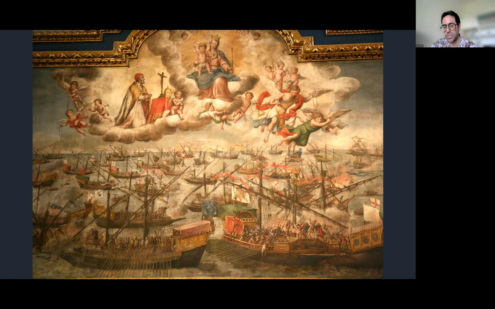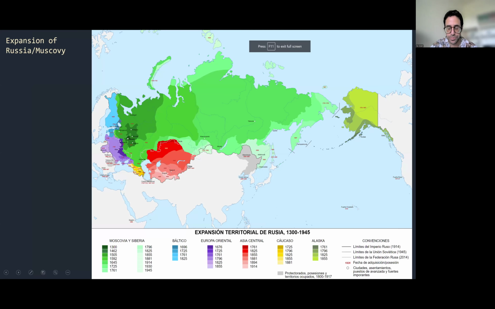If you go to Italy on the Adriatic coast, close to where the battle was fought, many churches have depictions of the naval battle. There are Turkish or Ottoman flags that have been captured and turned into relics for the battle. And we can see just how massive it was.